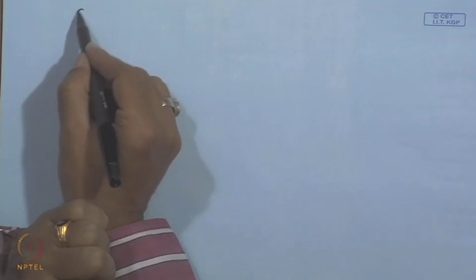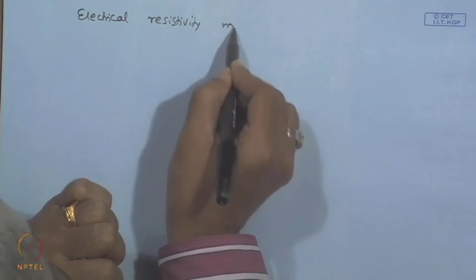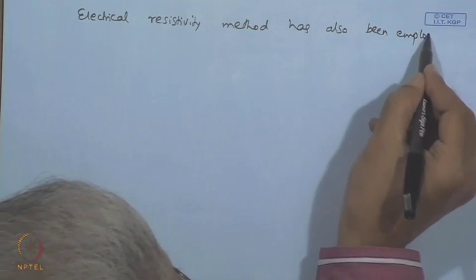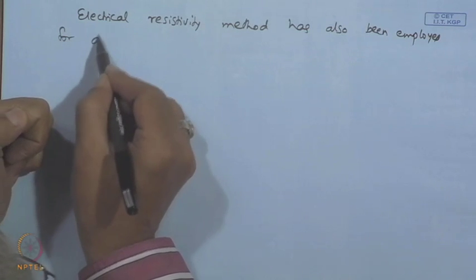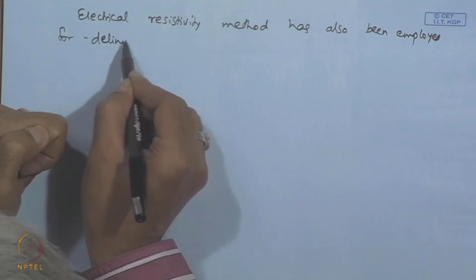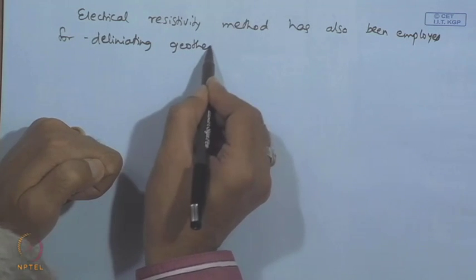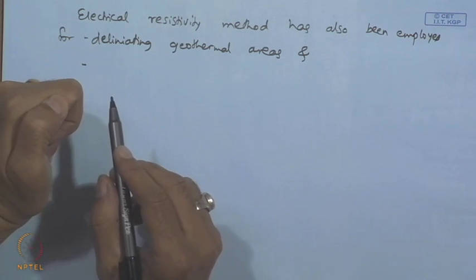This electrical resistivity method has also been employed for delineating geological formations or geothermal areas and for estimating aquifer permeability.